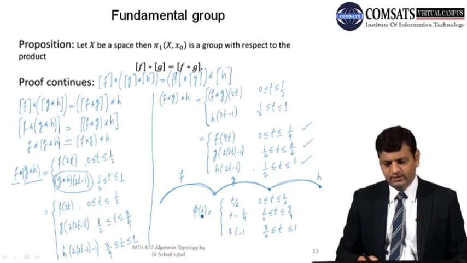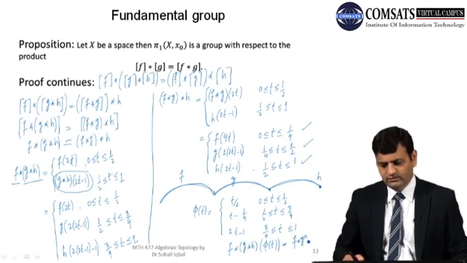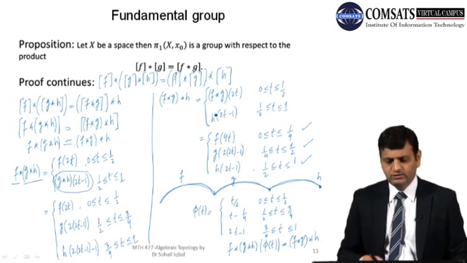So under this reparameterization, we can easily see that (f star (g star h)) of phi of t is basically equal to (f star g) star h. So basically these two paths are reparameterizations of each other. If I start from this and use this phi, then I will be getting this path.